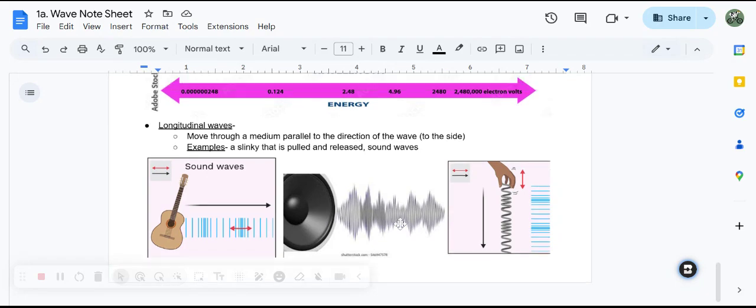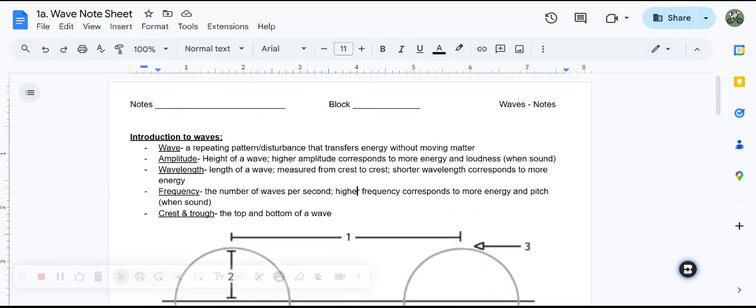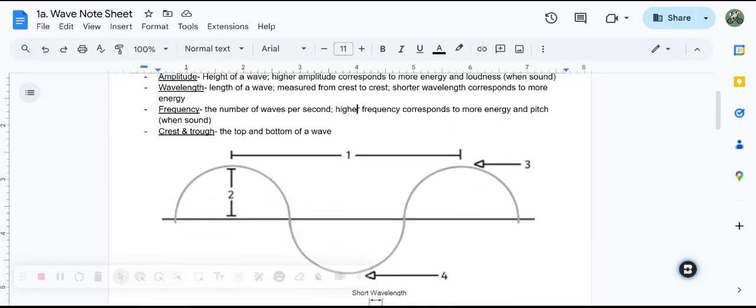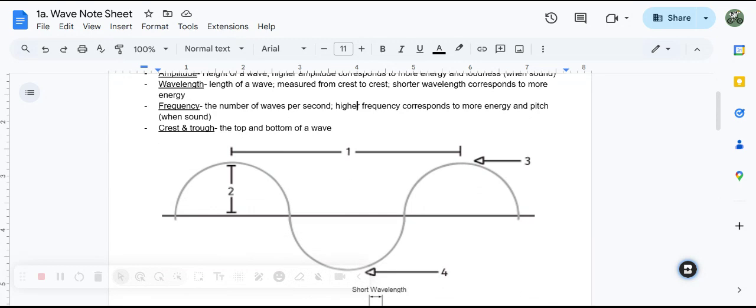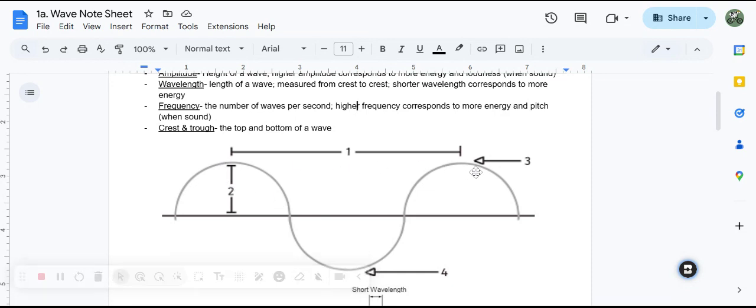So, just to quickly summarize here, what we've learned is that waves have different repeating patterns, right? They all have a crest, which is the top, a trough, which is the bottom. They have a wavelength, which we measure from the crest of one to the crest of the next. And they have an amplitude, right?